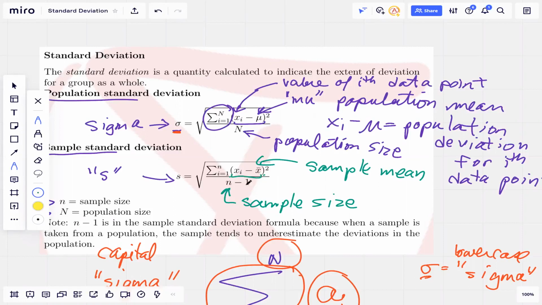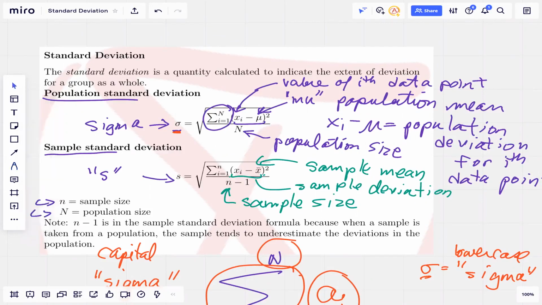So x sub I, the value of the ith data point, minus the sample mean, that's our sample deviation. And we're squaring all those, adding them up, and then dividing by n minus 1, so 1 less than the sample size. And then we take the square root of that.